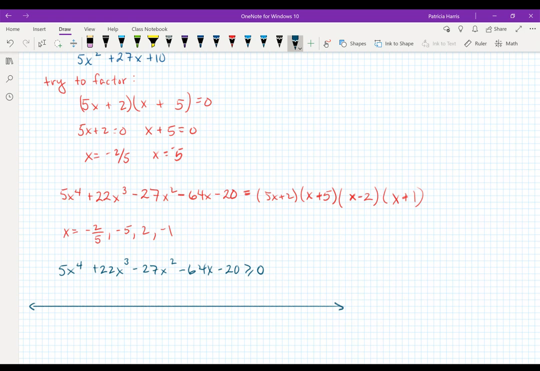So negative 5 is the most negative. Then negative 1. Then negative 2/5. Ooh, got a fraction. Yuck. All right. And then after 2/5, we have 2. All right, so these will get closed dots.